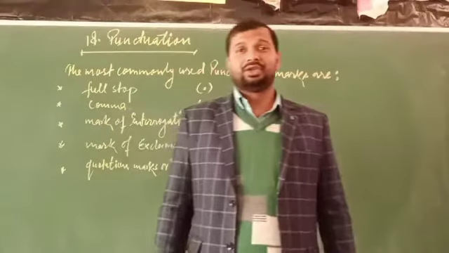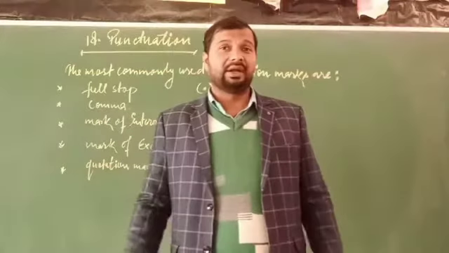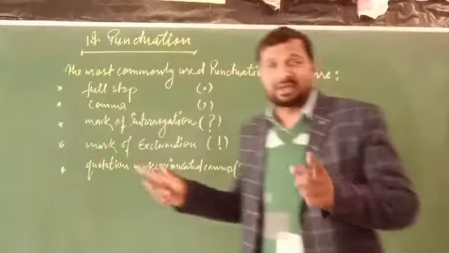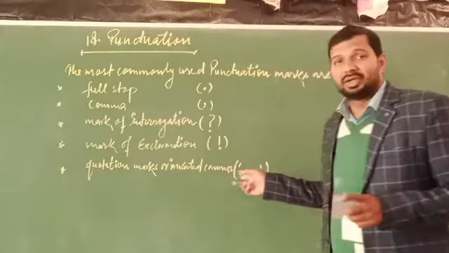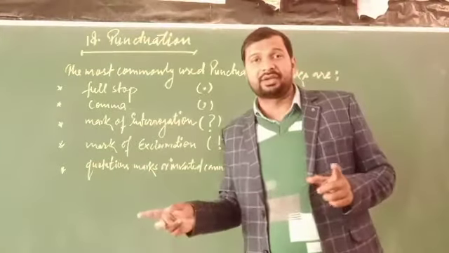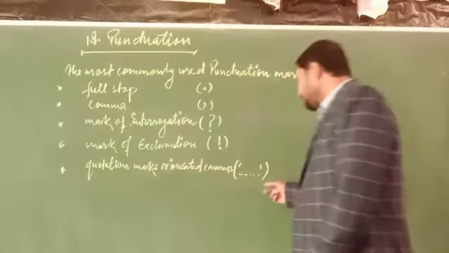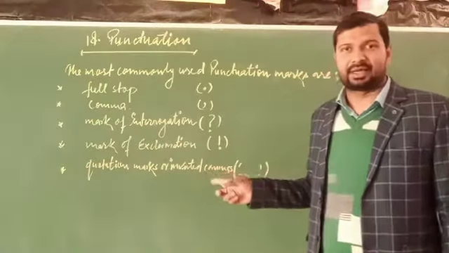So you put a comma at the end of the reporting verb, and you put the reported speech within inverted commas. That is, you put a quotation mark before and after the reported speech. Okay, so these are the symbols that make our sentence complete and attractive.